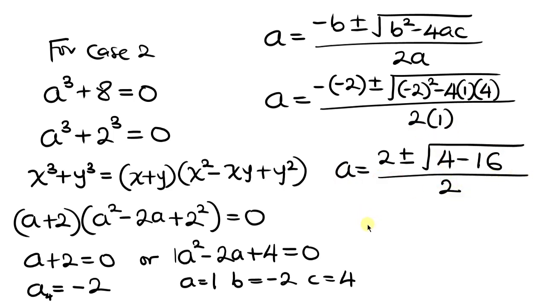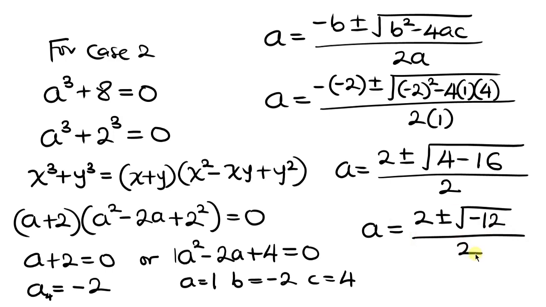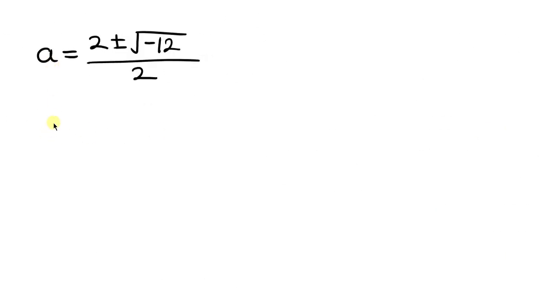So this simplifies into a equal to 2 plus or minus the square root of 4 minus 16, which is negative 12, all over 2. Very good.